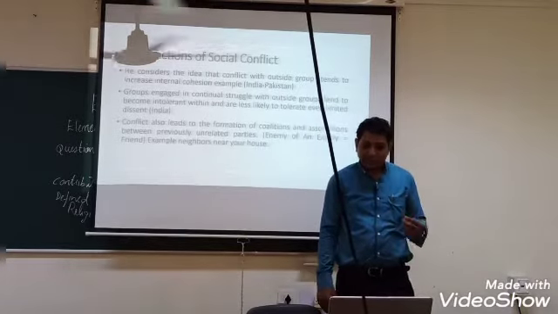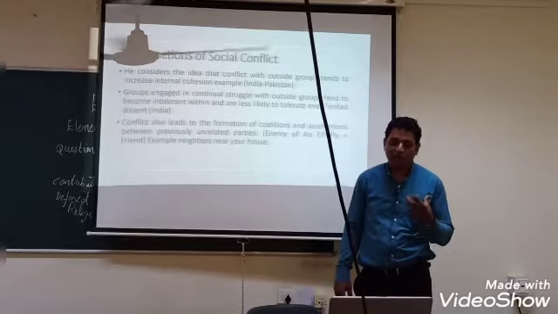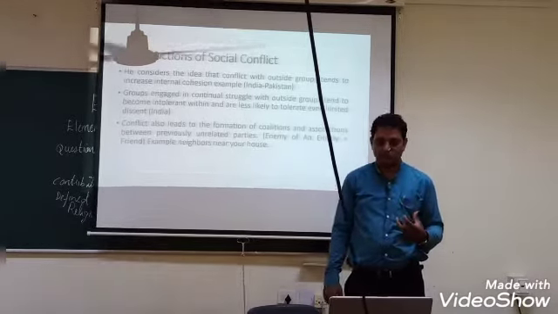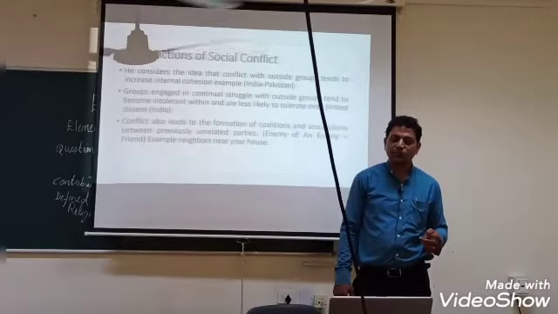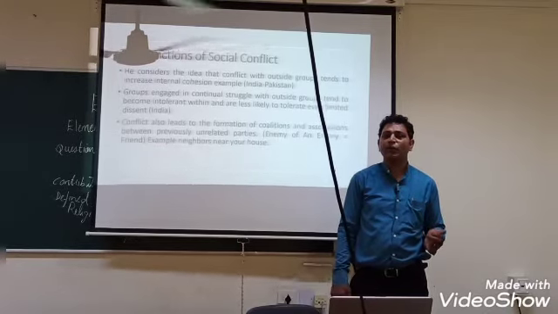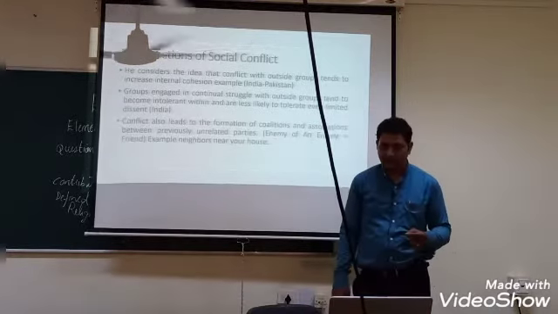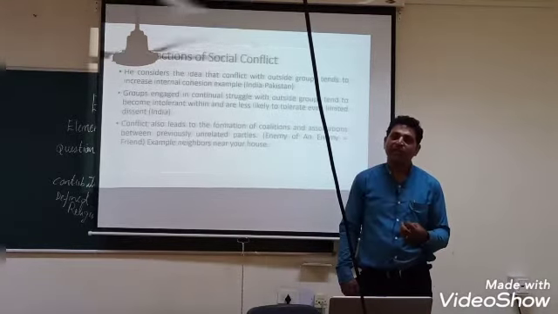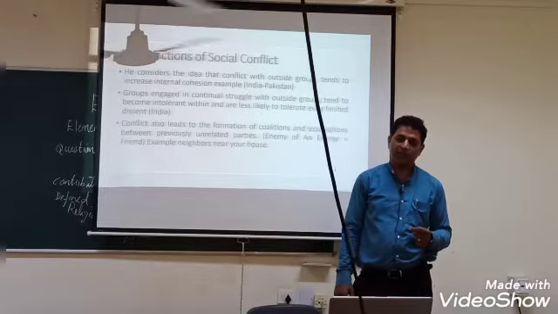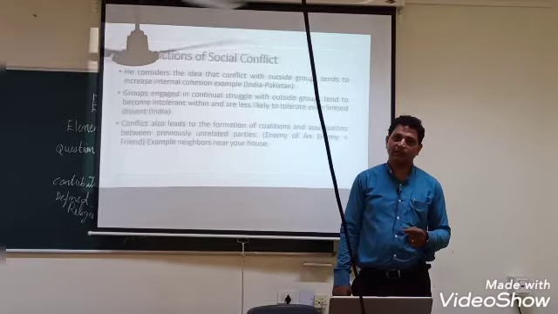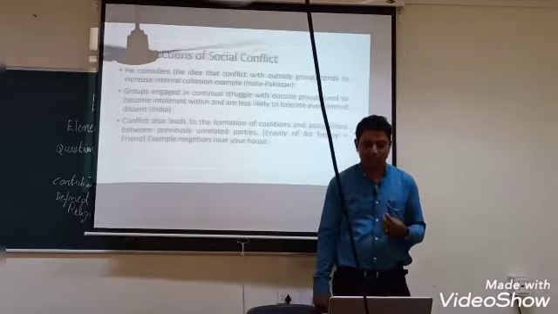Groups engaged in continual struggle with outside groups tend to become intolerant within and are less likely to tolerate even limited dissent. A classic example in India is the movement where we say we don't want coal plants to come into Goa, and we are taking a stand on this.